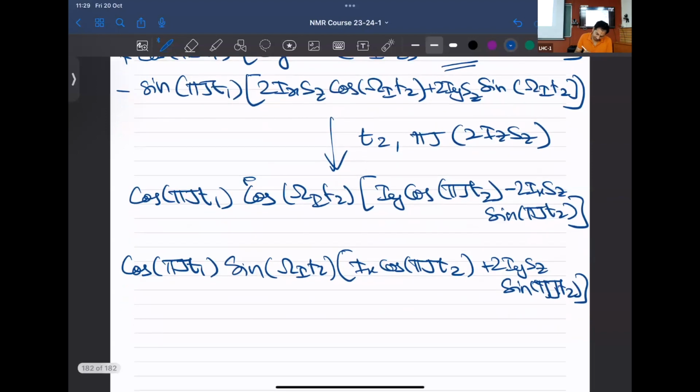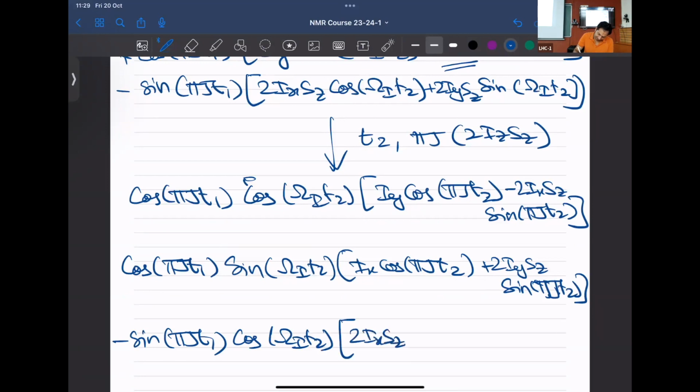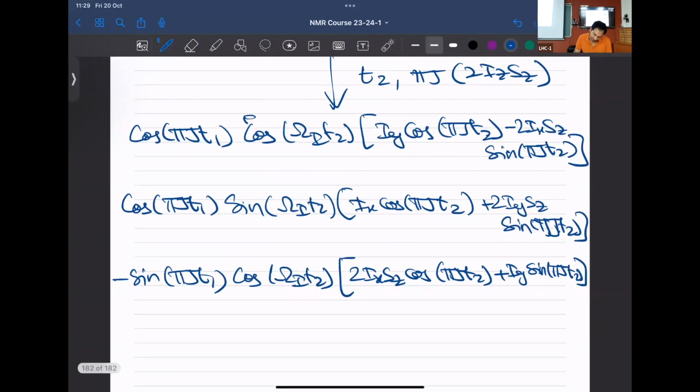Then let's see what other terms we got. Minus sine pi J t1 cos omega I t2, 2IxSz cos pi J t2 plus Iy sine pi J t2. Then finally, what do we got?